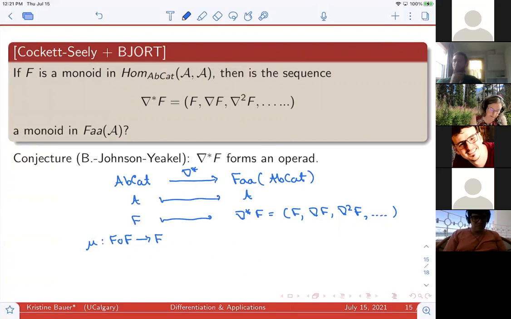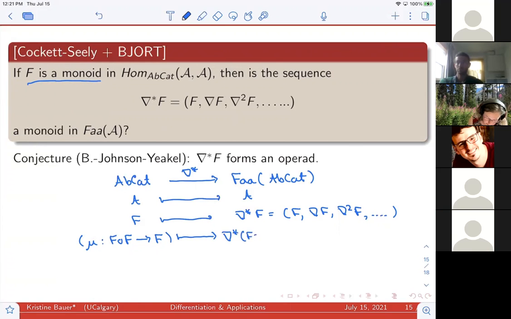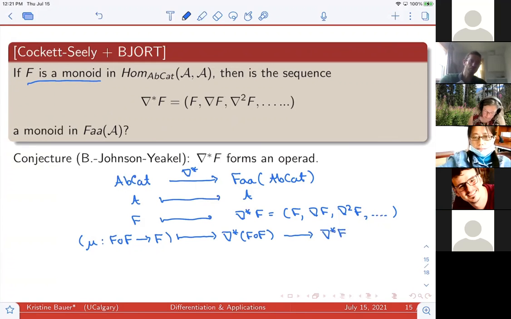Okay, so this is in case f is a monoid. And I would like it to be the case that nabla star in that case produces a natural transformation from nabla star f like this. But this one, of course, is the same thing as nabla star f composed with nabla star f.